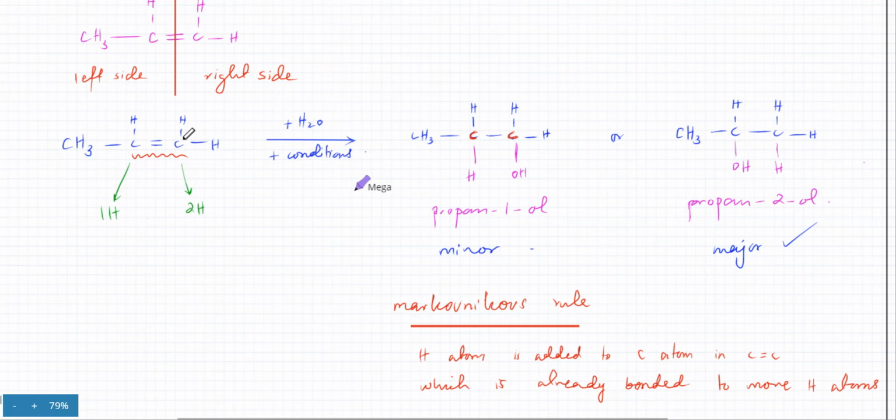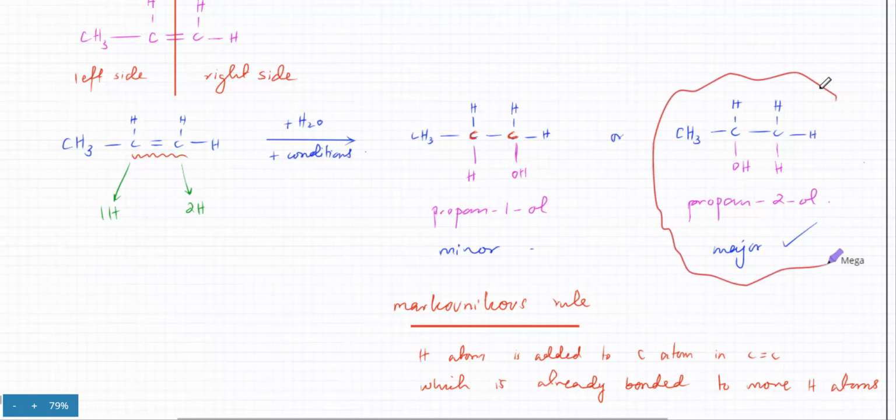Yes. Okay, so next class we're going to discuss what's the logic behind Markovnikov's rule. Why does this happen? Why is there a greater chance of this molecule forming? Why is this the major product? Okay, so let's continue with this in the next class then.